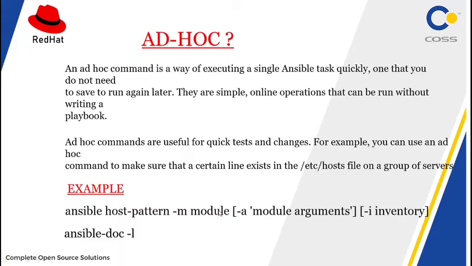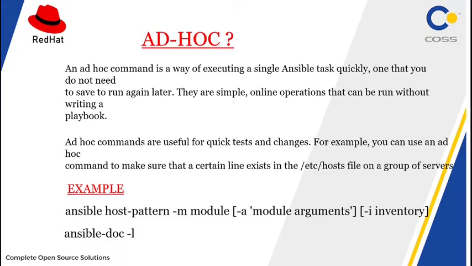Then the module name. Then hyphen a stands for the argument, what kind of argument you want to use, what kind of things you want to do. Hyphen i is for inventory, the additional part here. If you have not configured the configuration file, you can go with hyphen i and the name of the inventory file.